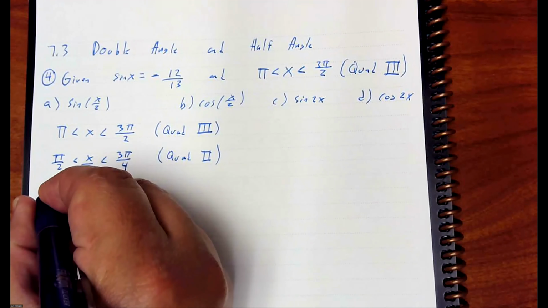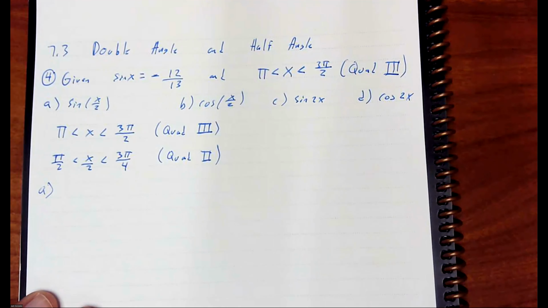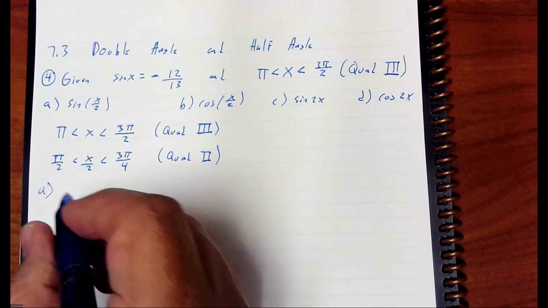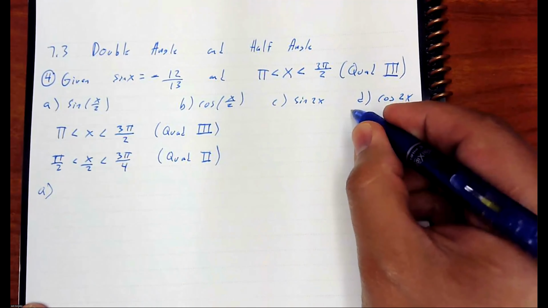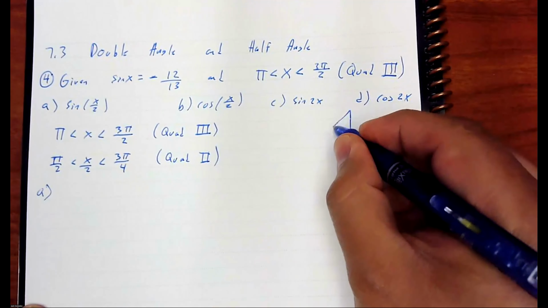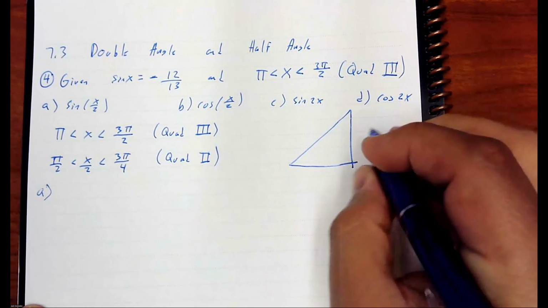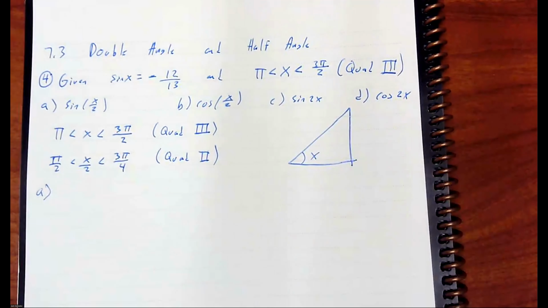Part A. What do we need for sine x over 2? I think we're going to need a triangle, right? What did they give us? Yeah, sine equal to negative 12 over 13.